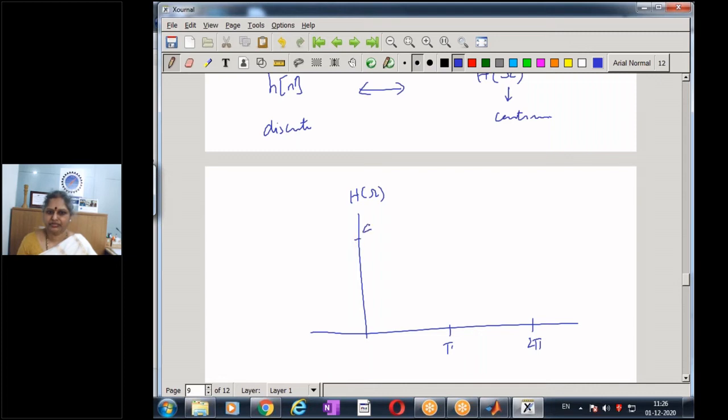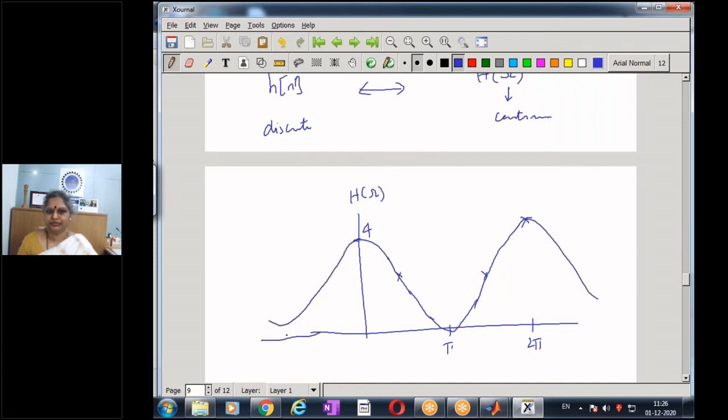This was say 4, and this is also 4, and here it will be 2, not 0. And of course it is periodic.